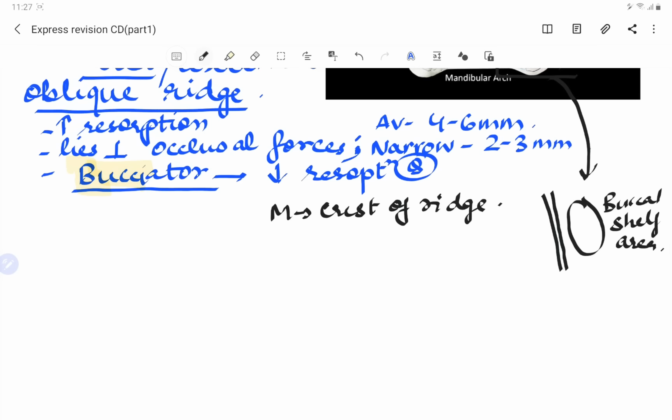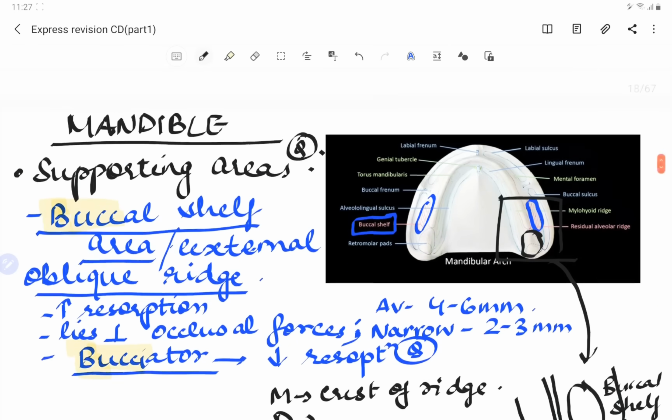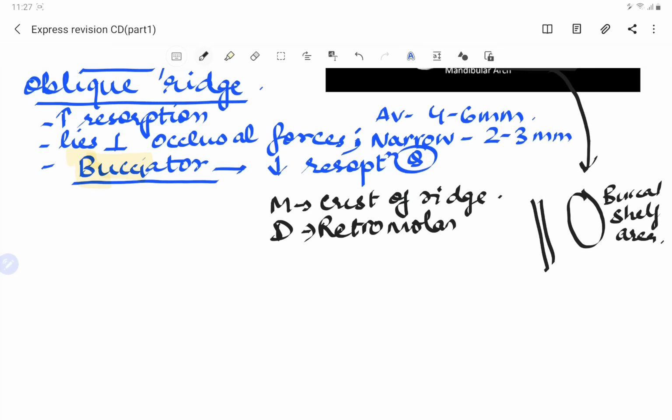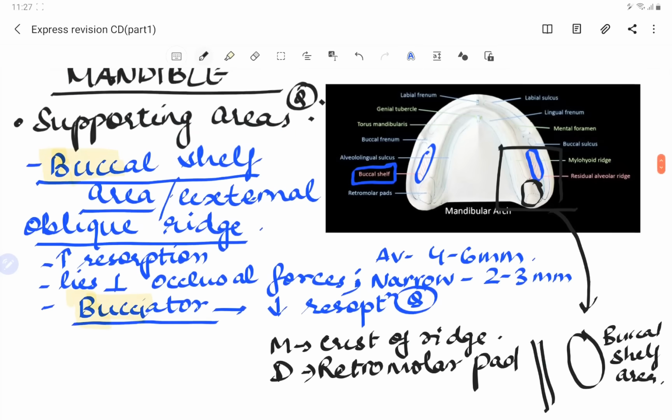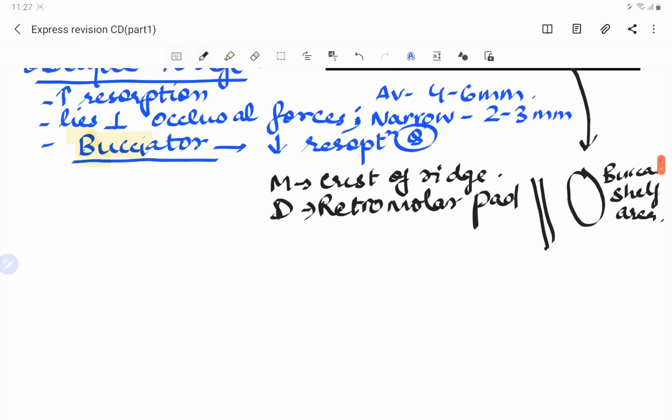Distally there is going to be the retromolar pad. As you can see, distal to it is the retromolar pad, which is the pear shaped pad. Then laterally we have the external oblique ridge.